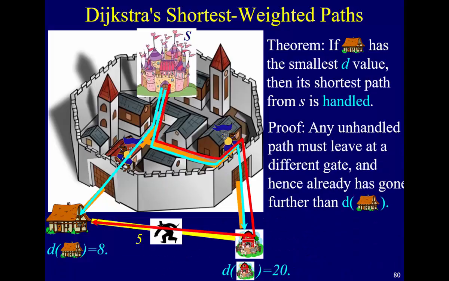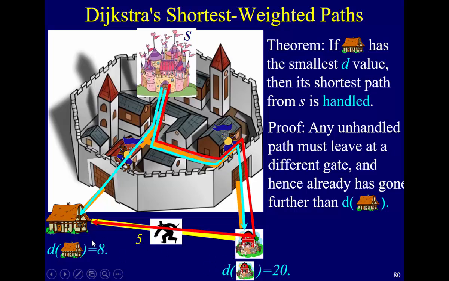And why is that? Well, suppose there was another path to it that was shorter. What does that path have to do? It has to be inside the city for a while, has to take an edge out of the city, and then it has to do something in the countryside. But the cost just to get here, the cost in the city and the one last edge, we know is 20, because that's the shortest handled path to it.